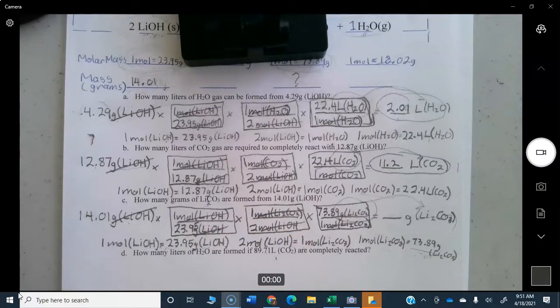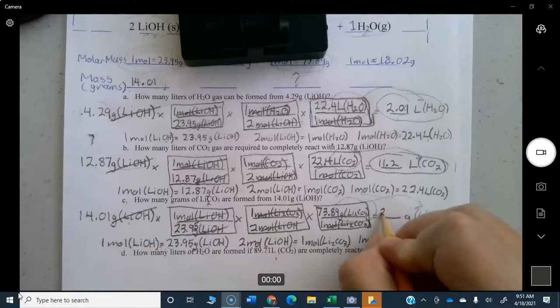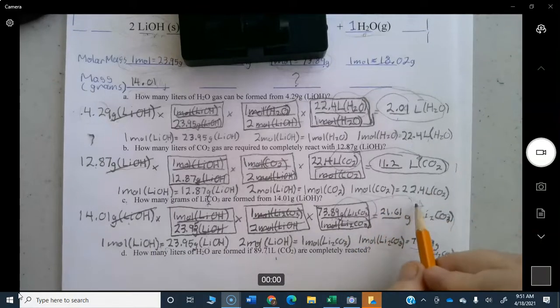Divided by 2 divided by 1, and that's going to give us 21.6, and we can go to actually 4 significant figures in everything here, so it's 21.61. Okay, and there's your answer.